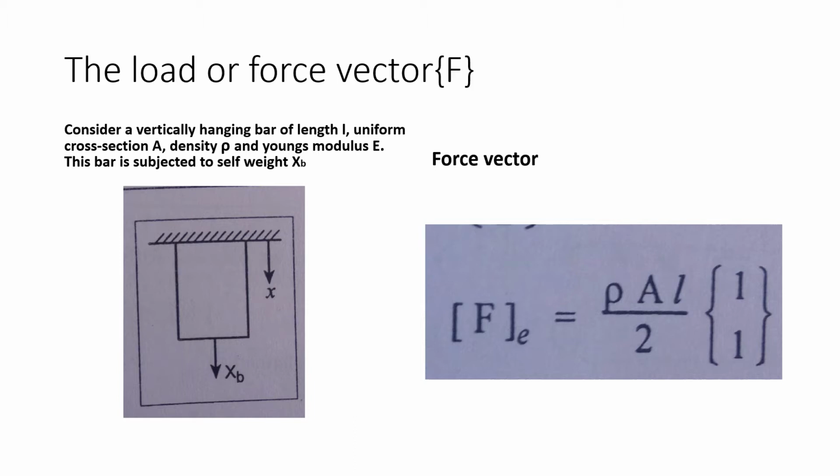So after derivation we will get the equation shown here, F equal to rho A l by 2 into the column matrix {1 1}. The derivation is in the textbook, that should be studied, but that is not explained here. Learn by heart the equation F is equal to rho A l by 2 {1 1}.